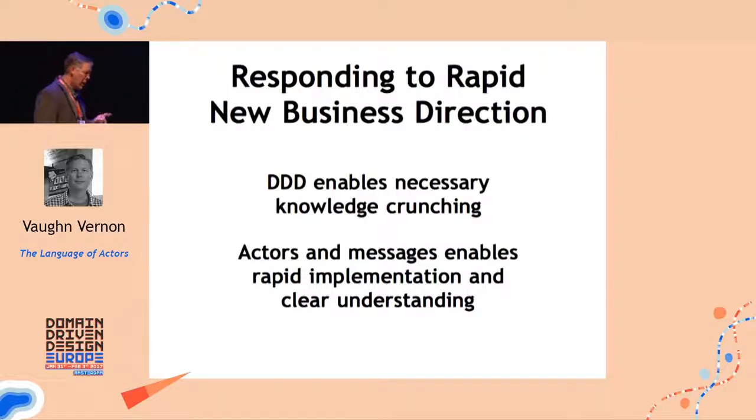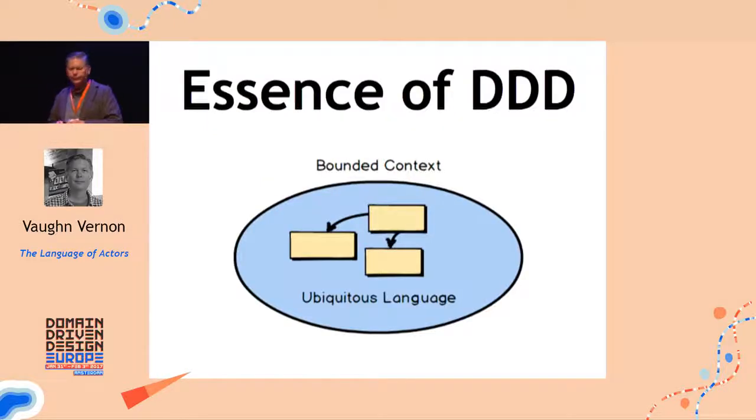Now, Mel Conway this morning talked about domain experts not being able to potentially reason about the software. I think that there is a means with the actor model to help domain experts to more clearly understand and participate in the software design and development steps that are necessary with DDD.